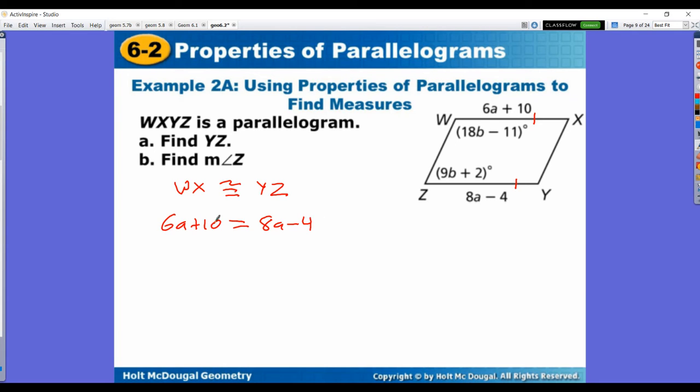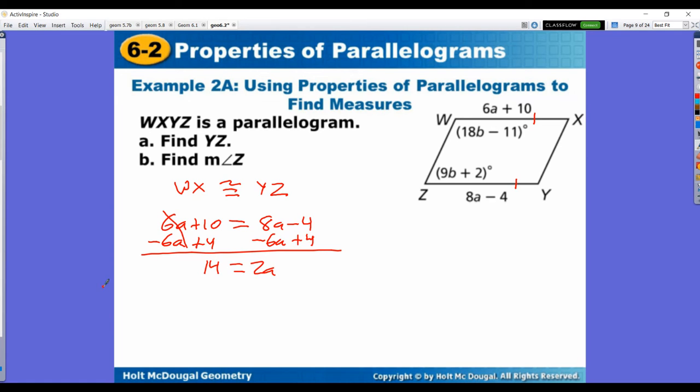So we can do a double whammy to this one here, which means we can go minus 6a to this side. And it's like doing two steps in one. And we can also cancel this 4 out at the same time. So plus 4 to this side. And what we're left with is 14 is equal to 2a.